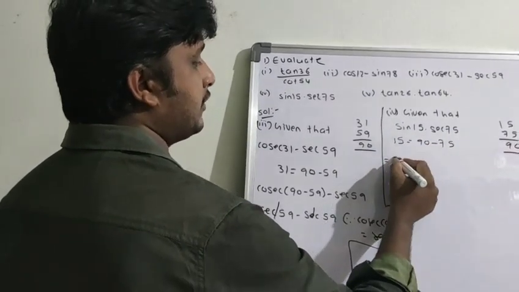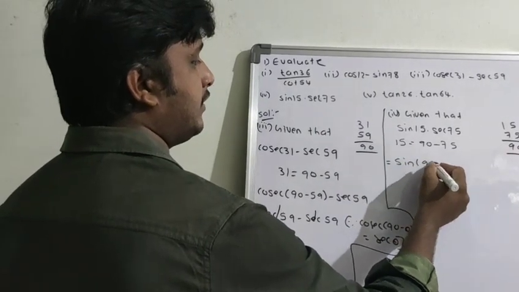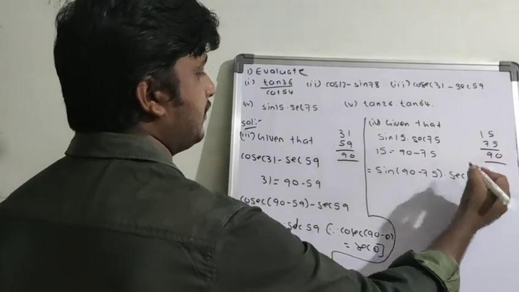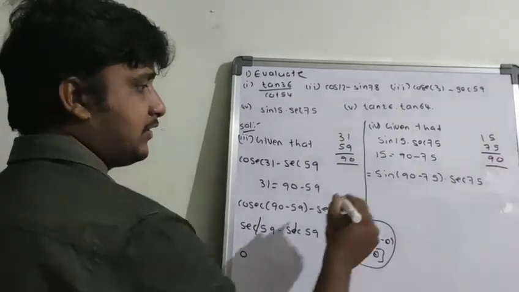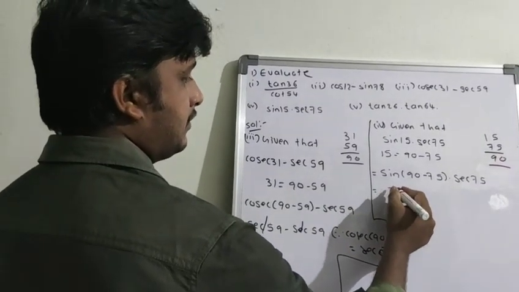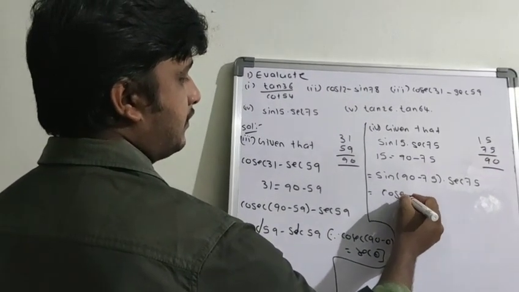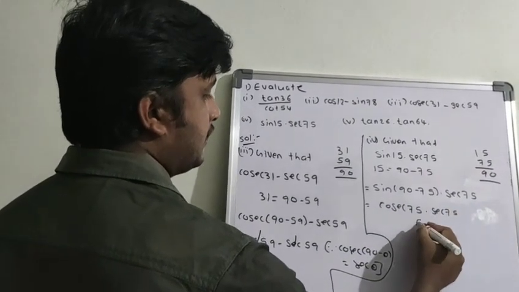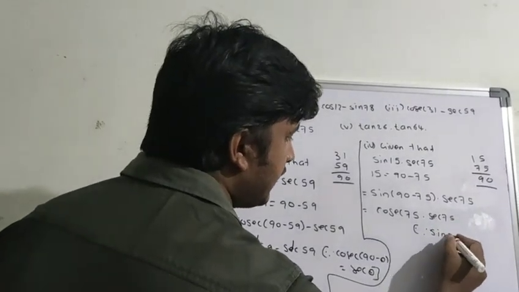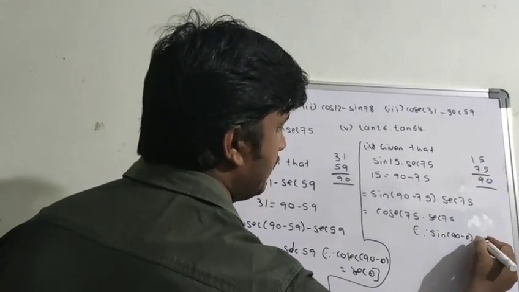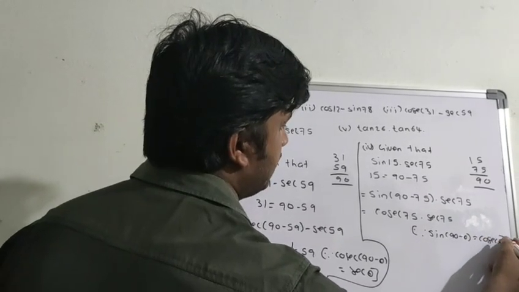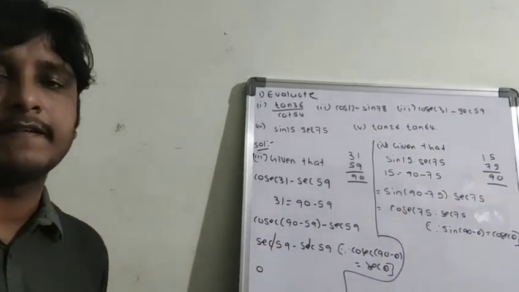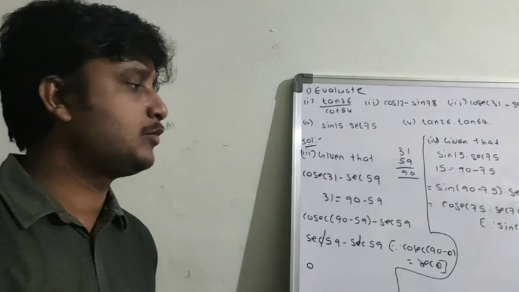I am going to substitute here: sin(90 minus 75) into secant 75 degrees.